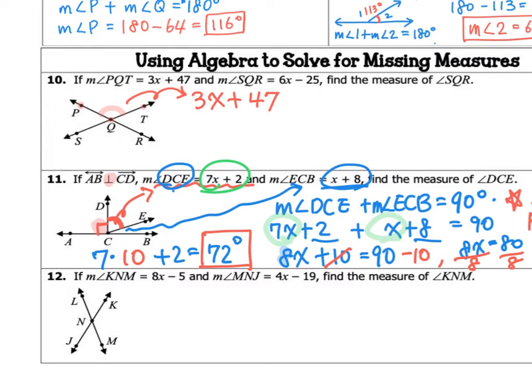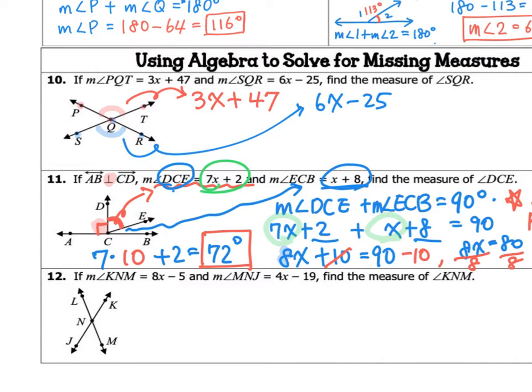Where is SQR? SQR, right here. This angle. Ta-da! That is 6x minus 25. Find the measure of angle SQR.